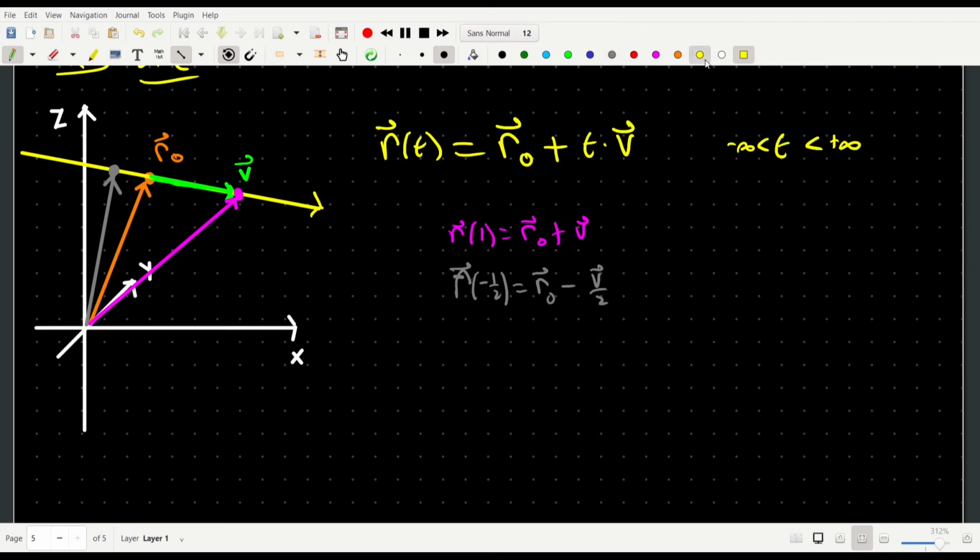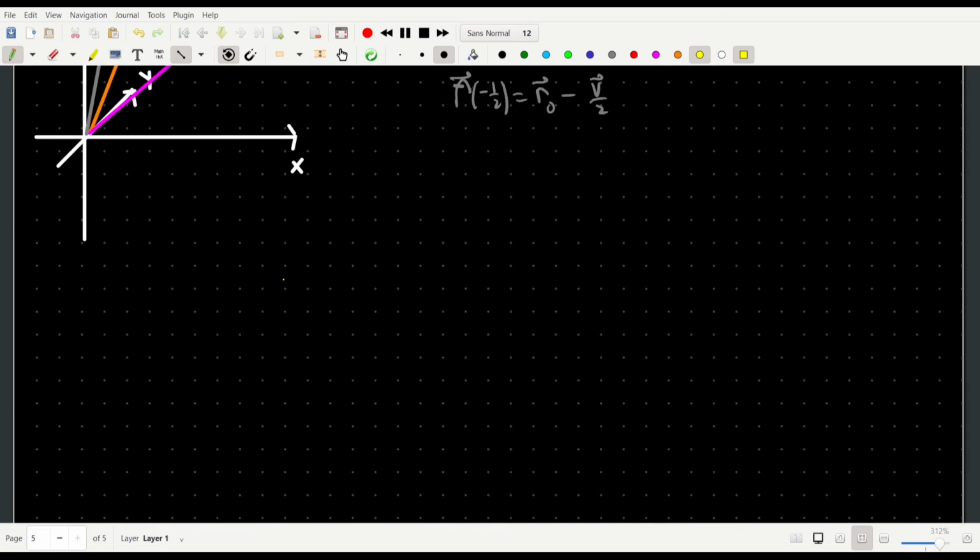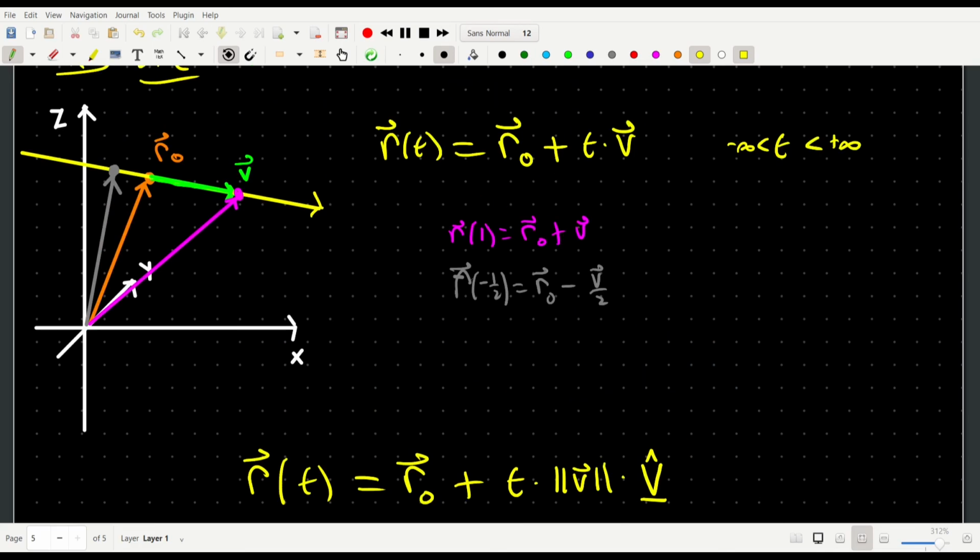Now, an important thing is to always see that you can take this equation for the line, and this will be similar to something we can do for a general parametric curve. And we can rewrite it as r naught plus t times the magnitude of the vector v times v divided by the magnitude of v, which is just v hat, or the unit vector in the direction of v.